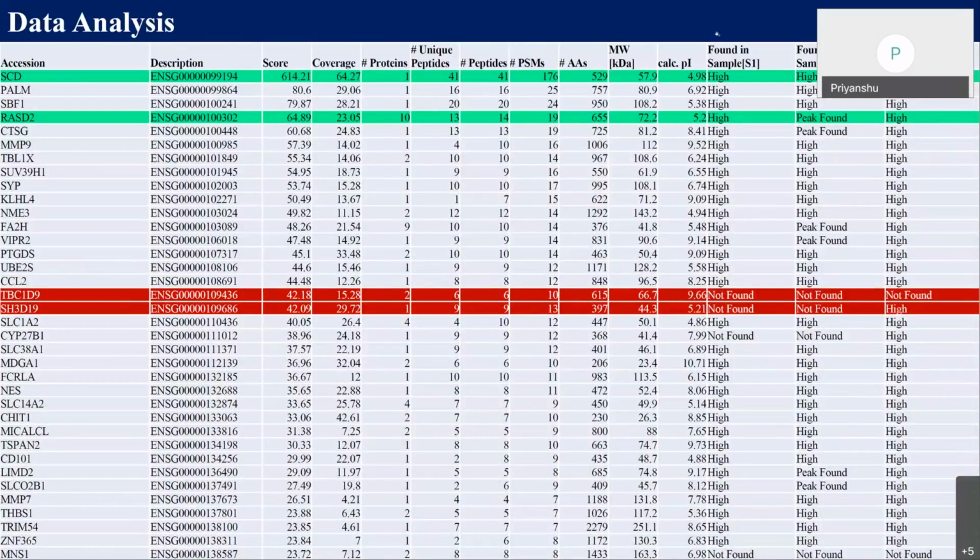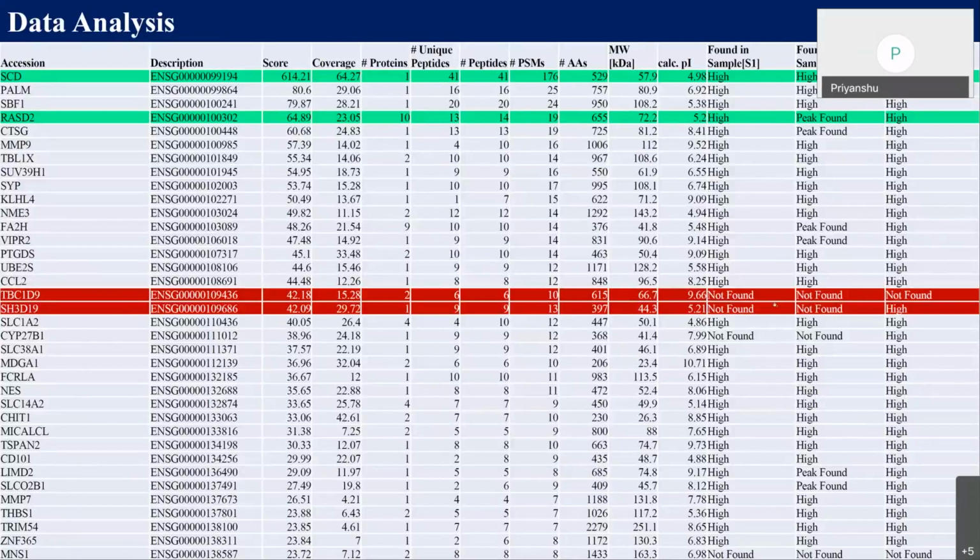The very important point for us is the presence of these proteins in different samples. You can see that we used three different samples, three different biological replicates. This green protein, SCD, is present in sample number 1, sample number 2, and sample number 3. It means it may be a more prominent interacting partner. You can validate it, but right now it is prominent.